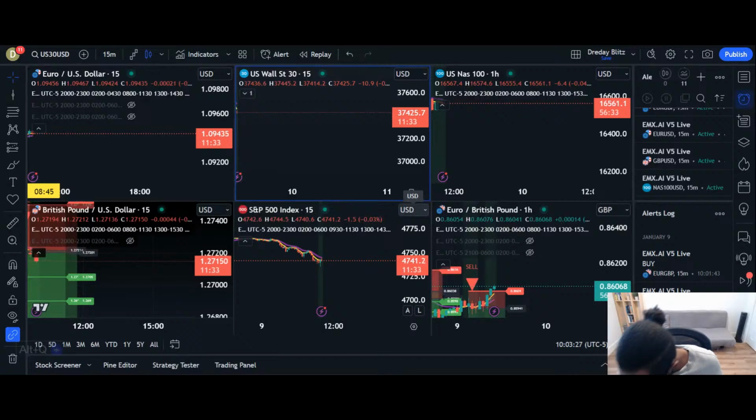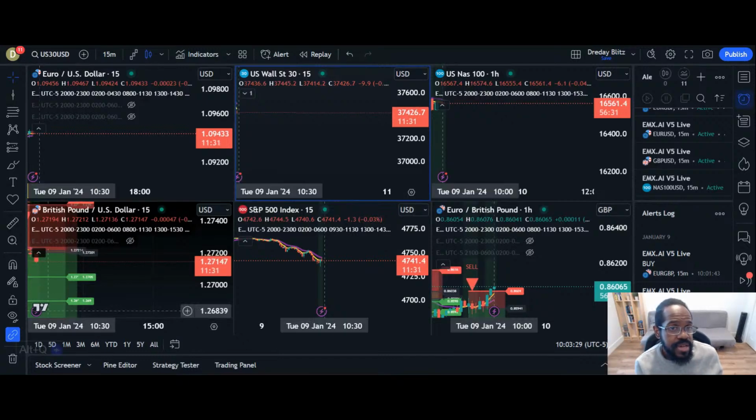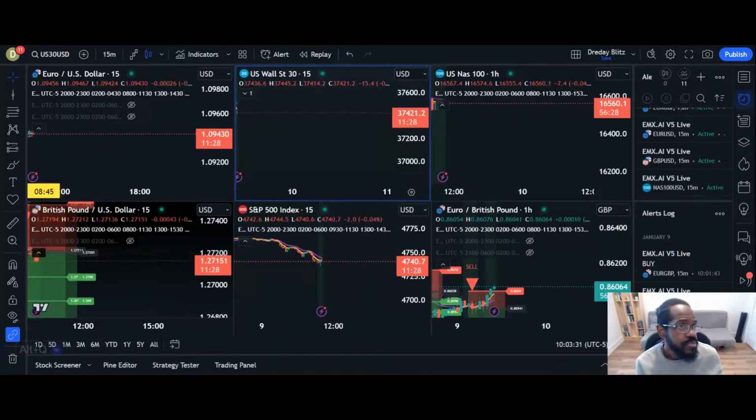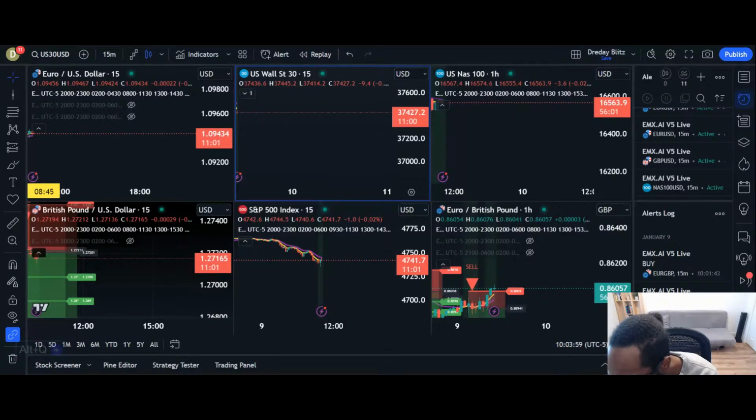So I'm expecting a trade down towards previous lows, previous highs that were triggered from the COVID time, 2020 until last year. So 3 years of market. Basically, the market was bullish for the last 3 years, so I'm expecting a reversal off of that.